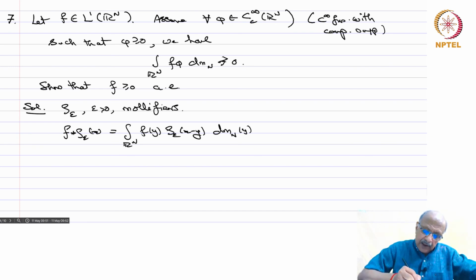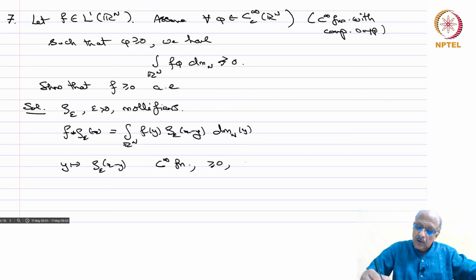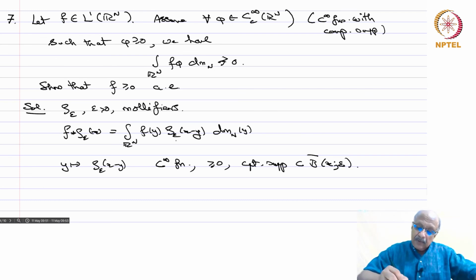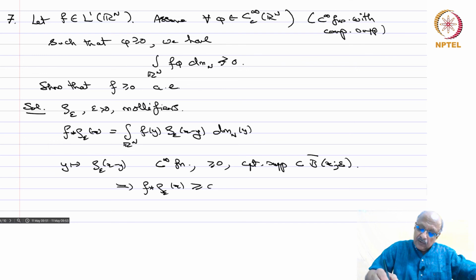Now, if you take y going to ρ_ε(x-y), this is a C^∞ function, it is greater or equal to 0 and has compact support contained in the closed ball with center x and radius ε, because you have just translated ρ_ε by x. So this implies that f * ρ_ε(x) is greater or equal to 0.